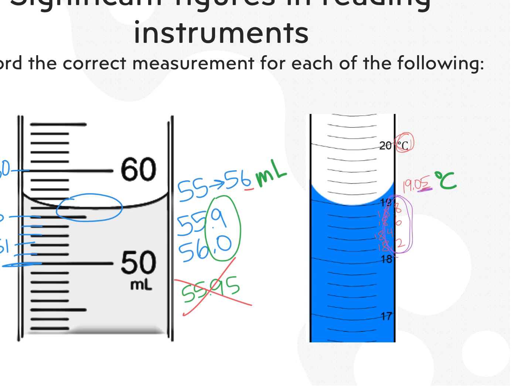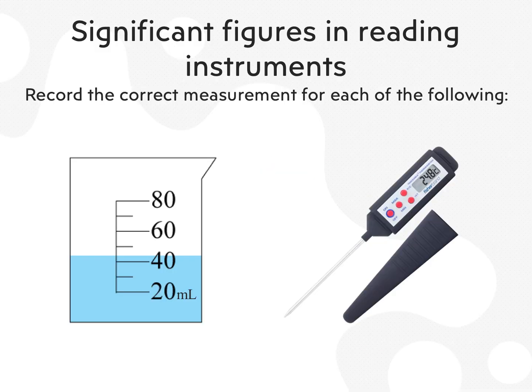Okay, let's try two more. So what we've got is a beaker here. On this beaker I see 40 obviously, and then 50. So my number is between 40 and 50. It's giving me the tens place, so I get to guess the ones place. Let's make this 43 milliliters.